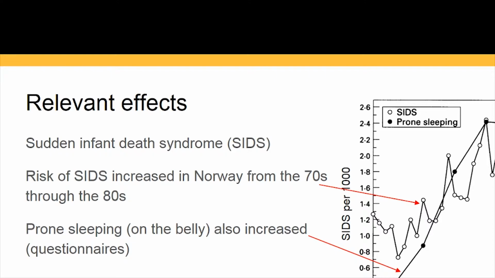And this information is from questionnaires. The scales are different, so you have to look at the left axis to read SIDS per 1,000, and the right axis shows prone sleeping position per 100. So you see this is 55%, and this is 2.6 per 1,000.